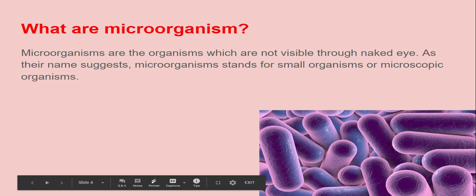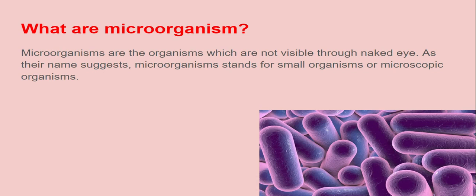Alright, so let's move on. What are microorganisms? The bookish language says that microorganisms are the organisms which are not visible through the naked eye. As the name suggests, microorganism stands for small organisms or microscopic organisms. So let's make it simple. Let's see the meaning of it line by line.